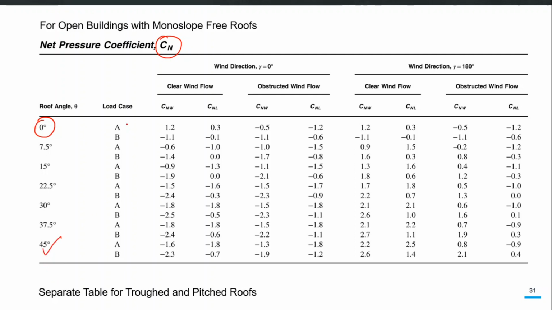And then we also have a load case A or B, which is defined in the same specific provision, and wind direction 0 and 180 degrees, which means one particular side and then the opposite side. Then again we have a classification about clear wind flow or obstructed wind flow, and then finally the coefficient for these two particular cases, and finally we can go for our particular case and pick the net pressure coefficient.